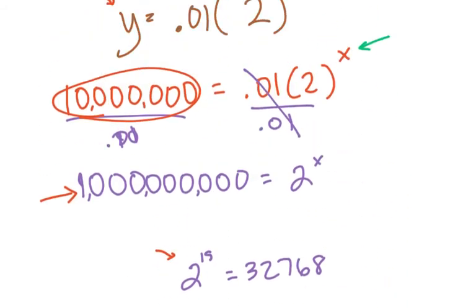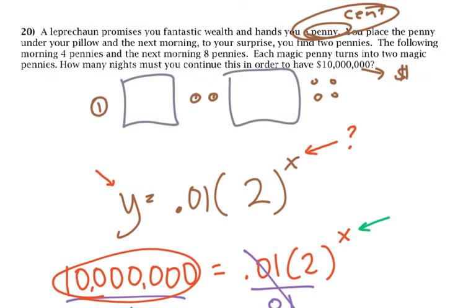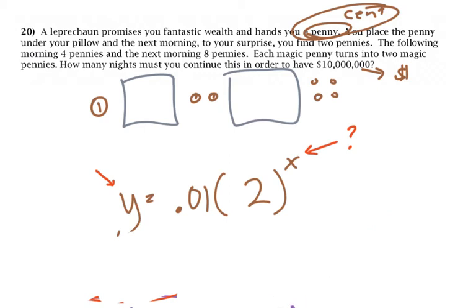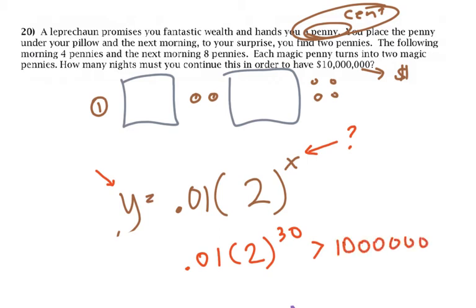So I'm going to come back to the original problem, and I'm going to take my equation here. If I start with 1 penny, and I go 2 to the 30th power, I'm not going to get exactly $10 million, but by day 30, I'll have just over $10 million.